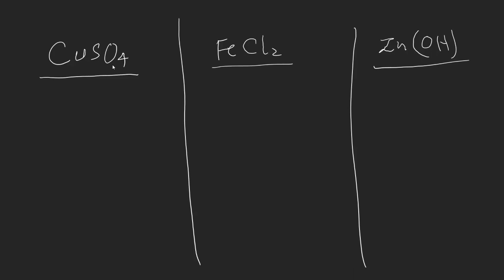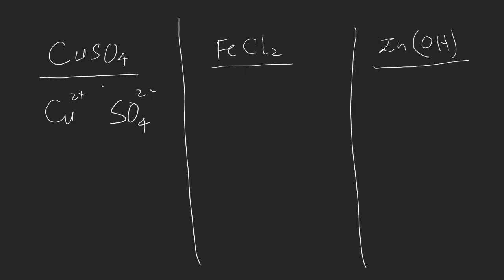So copper sulfate. From the formula list, we know that sulfate is 2 minus. If both are 1, like copper is, there is only one metal present and the whole sulfate group is 1, it means that copper was 2 plus. All right. So we need to work backward.